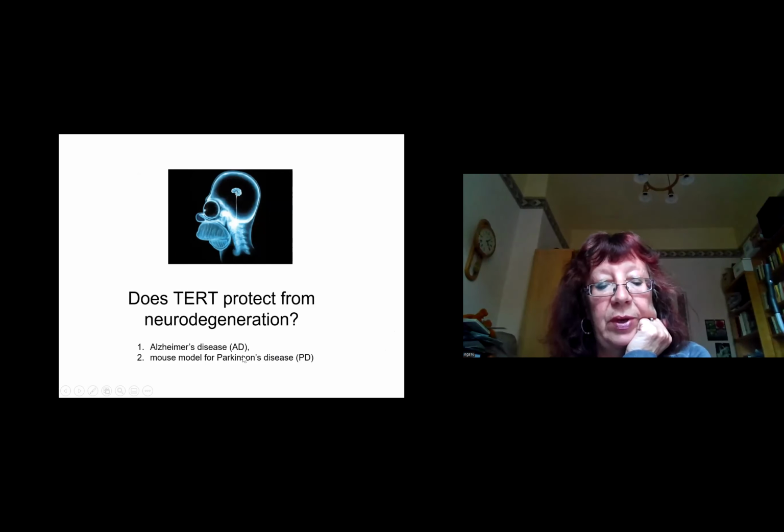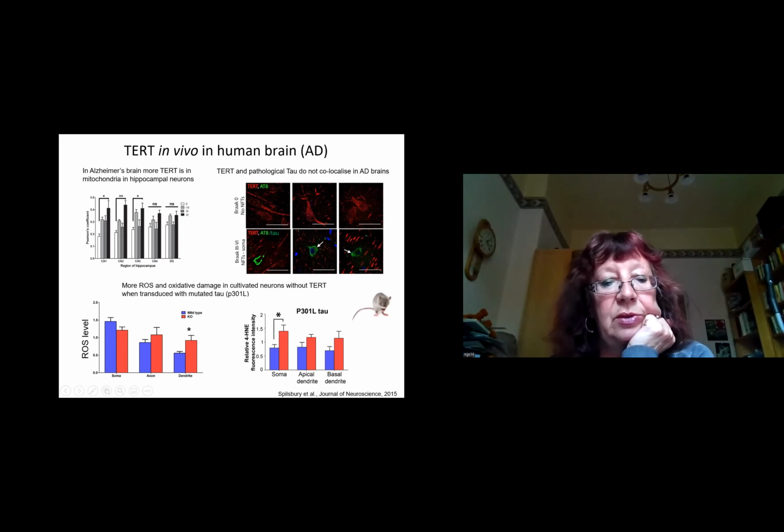Just to summarize quickly our paper, which was published in 2015: we assumed, as we know, that in mouse brain the TERT protein decreases during aging. We thought not only during aging, but maybe also during disease, but we didn't find this, and I don't show it here.